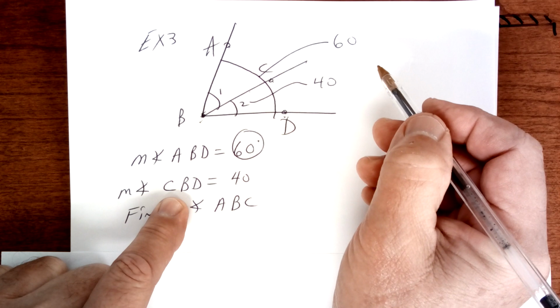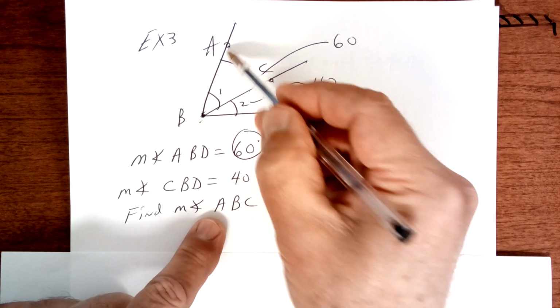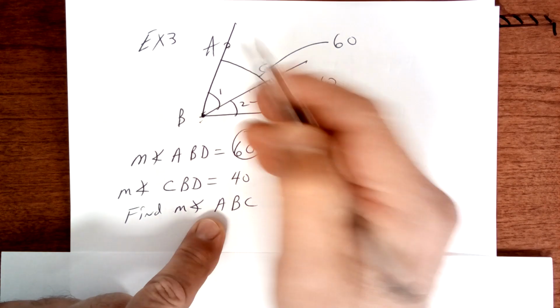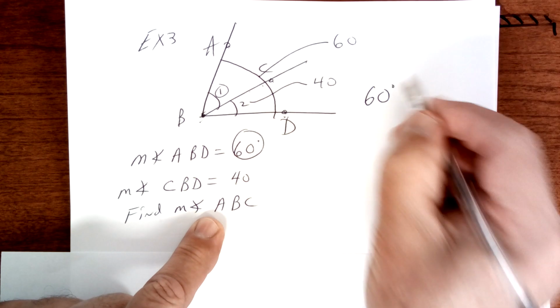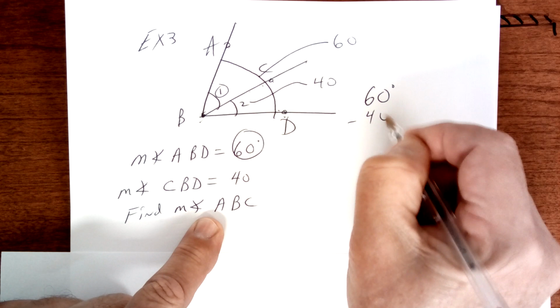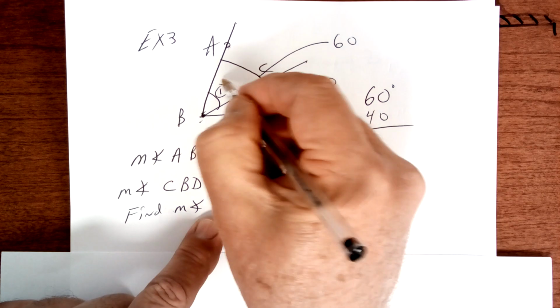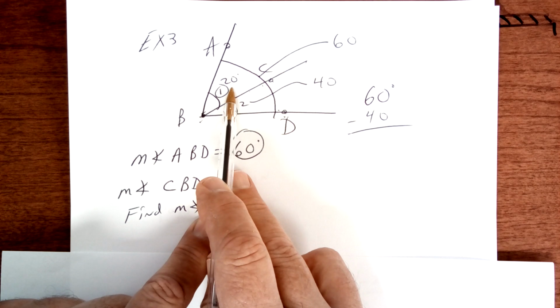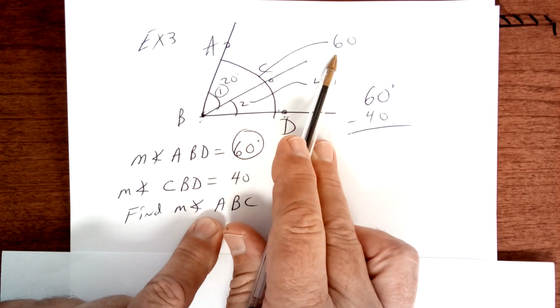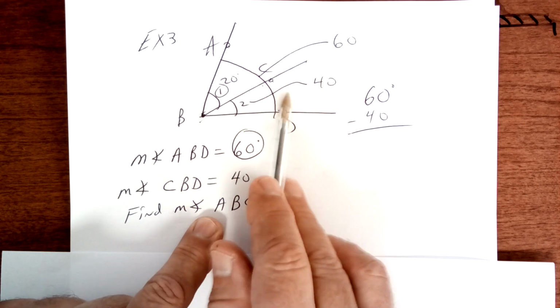And they want you to find ABC, which is angle 1. So if the whole thing is 60, and this one is 40, you subtract and get 20 degrees. So angle 1 has to be 20 because 40 plus 20 adds up to 60 degrees. That's called angle addition postulate.